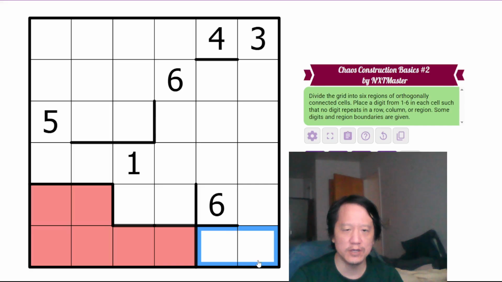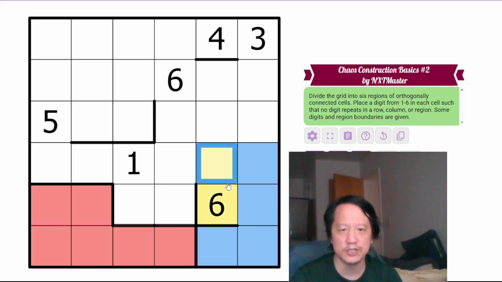Now you have something here, which has to basically be part of a region. And it can only be part of this cell, this cell. These are different regions, so it can't be part of that. So you can only go up here. So we know that these parts are part of a region. This has to be a separate region here, so we'll make a different color. And this has to go out somewhere too.